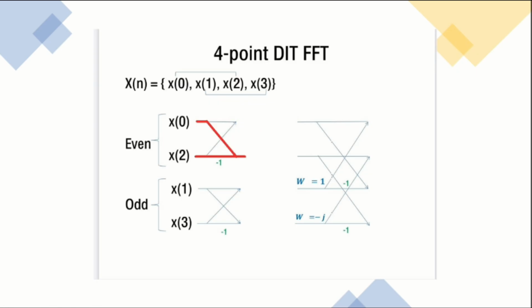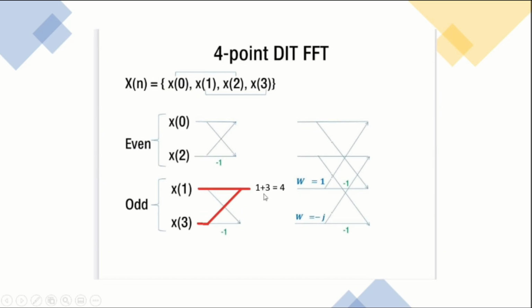Next is using line 2 with line 1, so 0 minus 2 is equal to minus 2. Next is using line 3 and line 4.